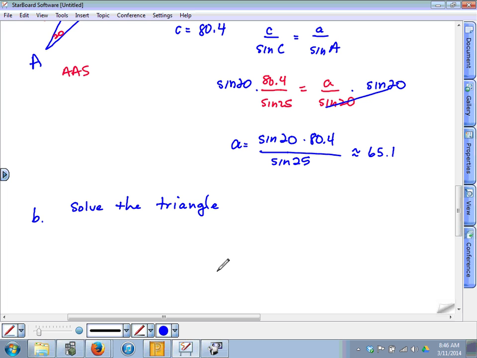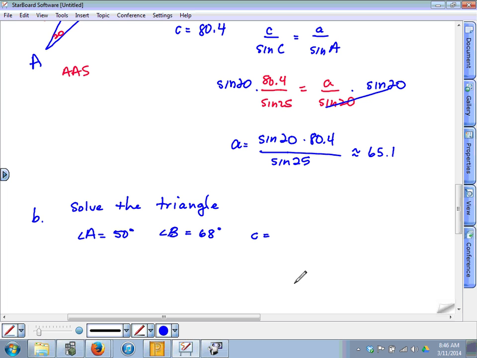Okay. Angle A is 50 degrees. Angle B is 68 degrees.